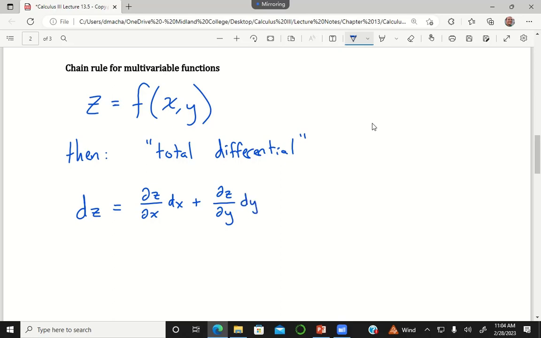I wrote this out yesterday when we were starting to work on my favorite word problem about selling ice cream or selling Teslas or whatever it is. But this is the total differential.